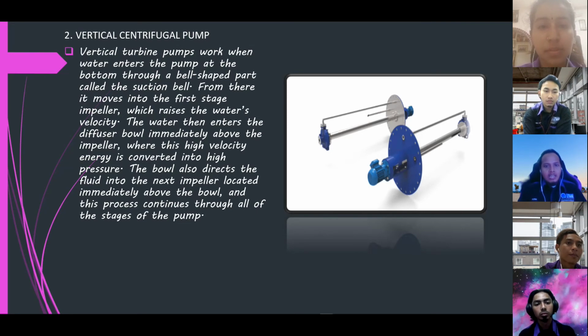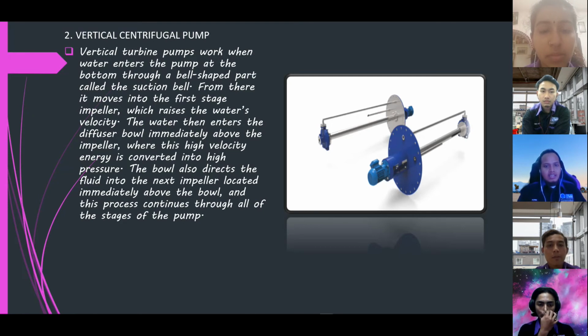The water then enters the diffuser bowl immediately above the impeller, where this high velocity energy is converted into high pressure. The bowl also directs the fluid into the next impeller located immediately above the bowl. And this process continues through all of the stages of the pump.